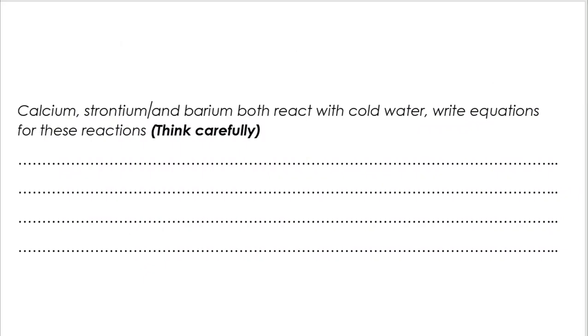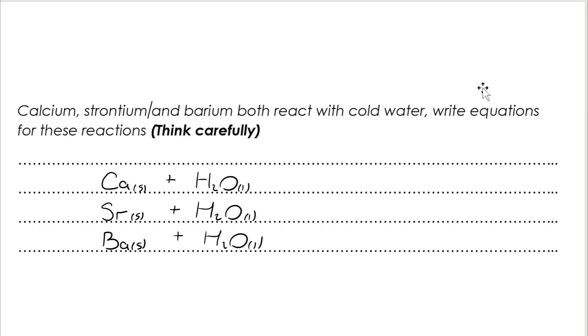So what would it look like for calcium, strontium and barium with cold water? Well, let's do all of these together. We've got our calcium, strontium and barium solid, and we're adding to that H2O, and it's cold water, so it's in the liquid phase.